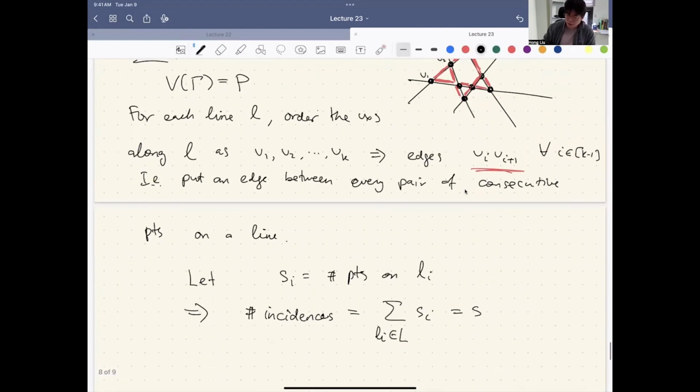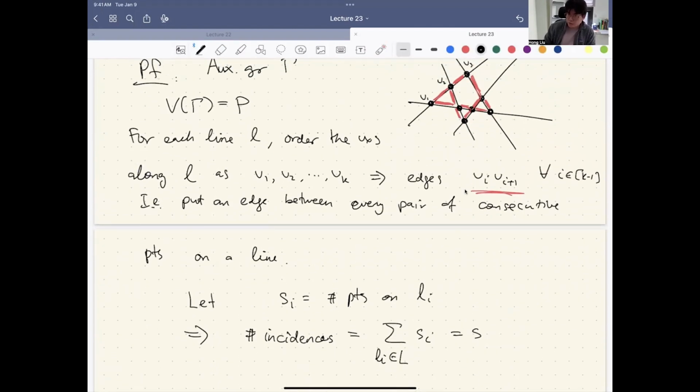Now let's make the connection to crossings. When do we have a crossing? Look at this graph. For example, we have two lines here. If there's a crossing, it happens at one of these points. No, that's not what I want to say.